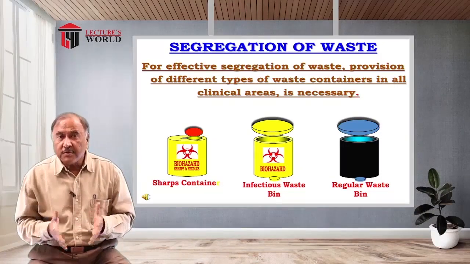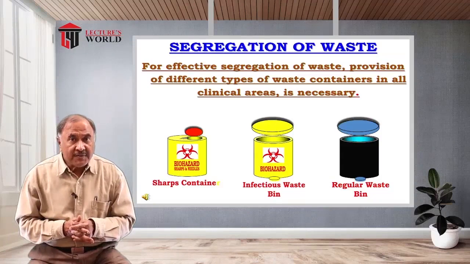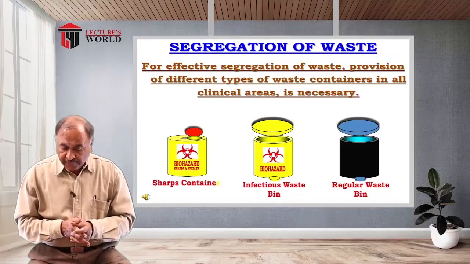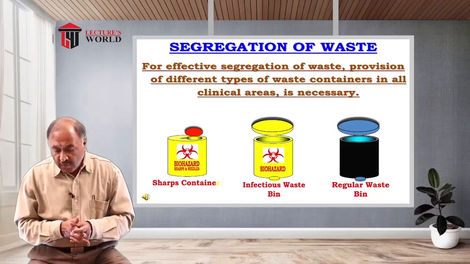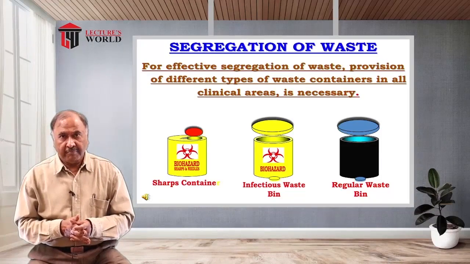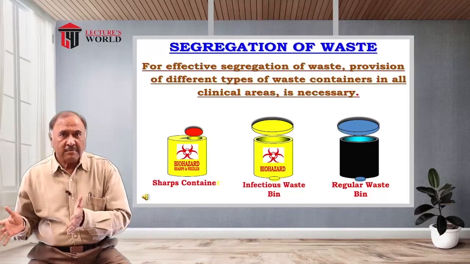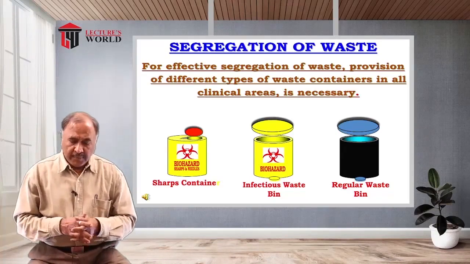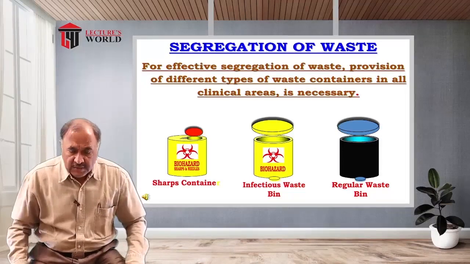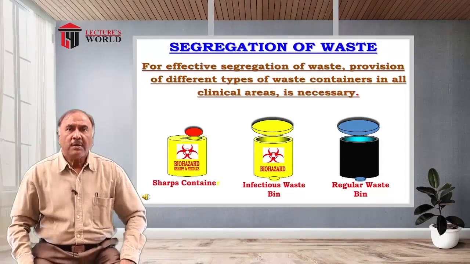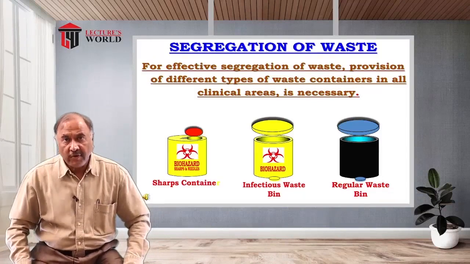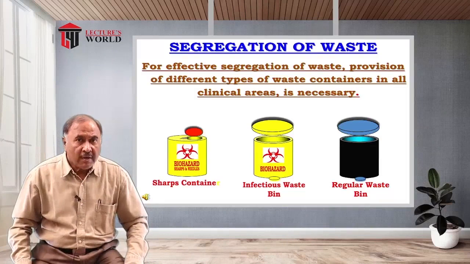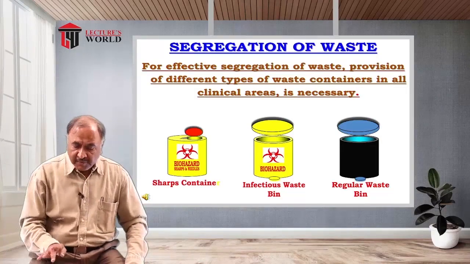It also includes dressings and bandages from a patient, as well as a regular waste bin, where normal waste materials are to be thrown. So it is necessary to have segregation of the waste, different bins or containers for different types of waste.